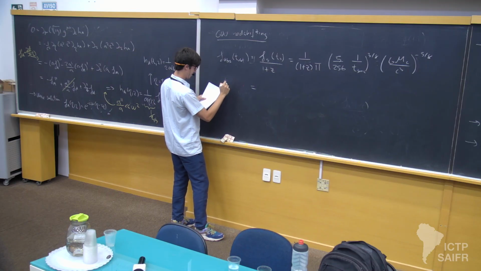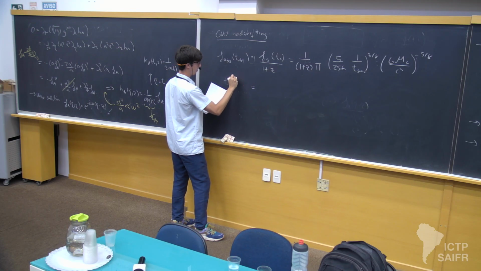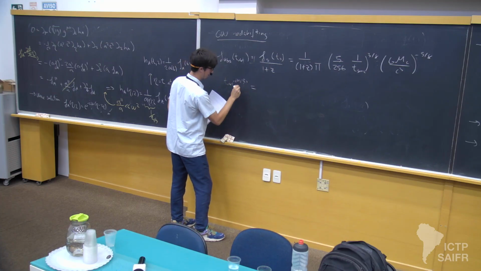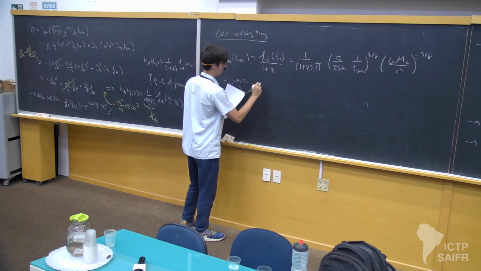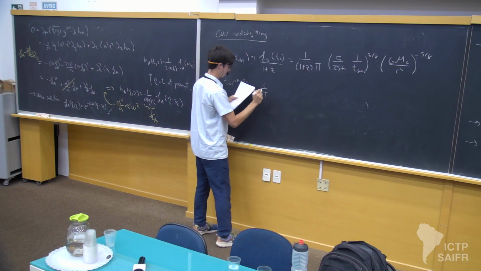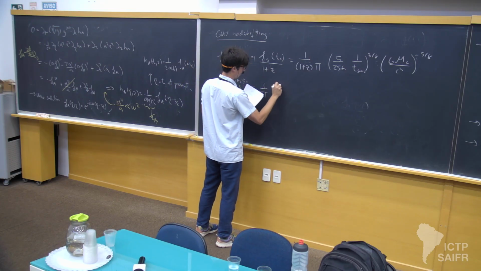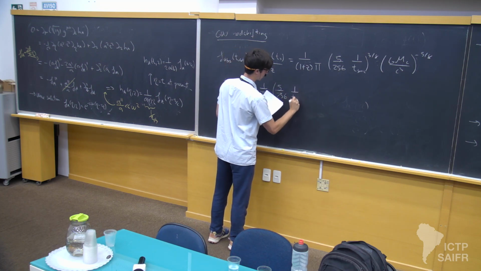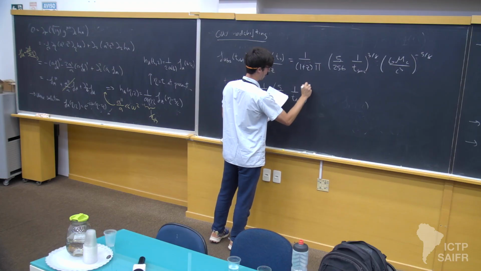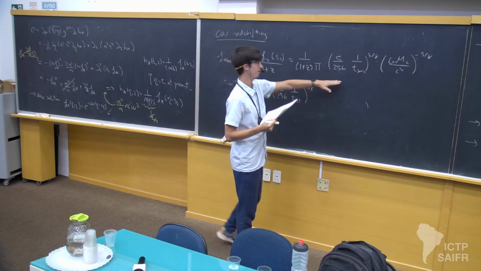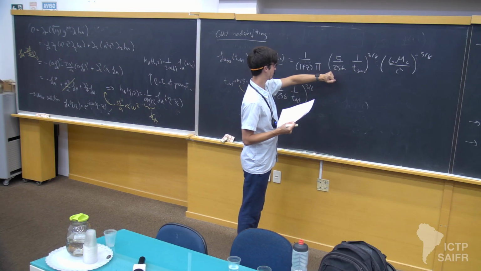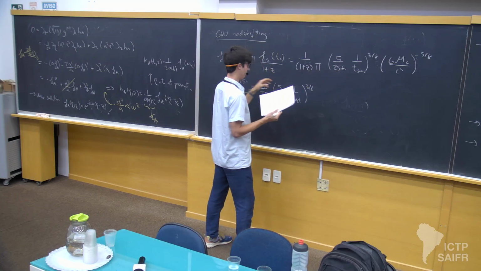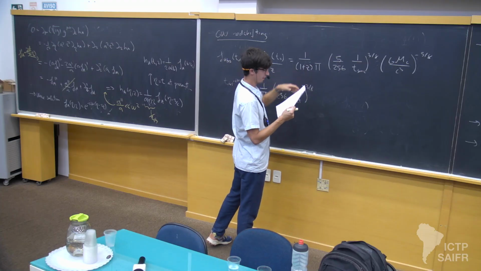The time at the detector is 1 plus z times the time of the source. So if you put that here, then you have 1 plus z, 1 over pi, 5 over 256, 1 over the time of the detector, and then you have the other factor here.